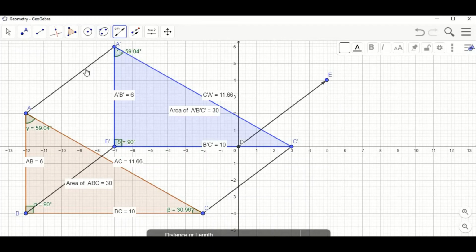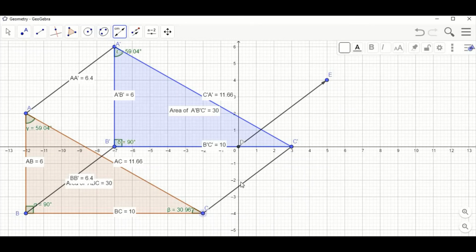So I want to know what the length of A to A prime is. So I'm just going to tab here to see what the length is. Okay, A to A prime, that's 6.4 units. Let's see if B to B prime is the same 6.4 units. Absolutely. B to B prime is also 6.4 units.